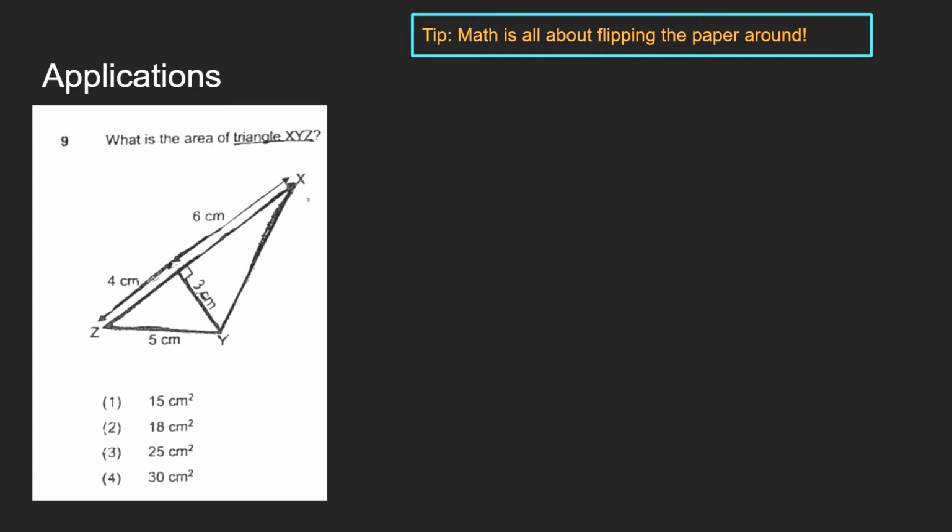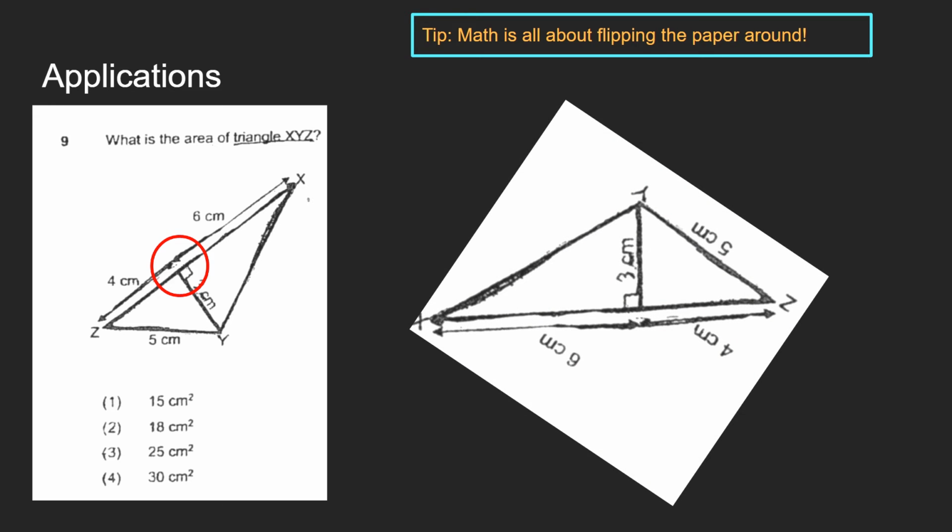So here are some applications. Immediately we see this area of a triangle question, and they ask for the area, but we don't really see any perpendicular heights when we look straight into it like that. Again, the tip is that math is all about flipping the paper around. So we flip it and we see that there's a perpendicular sign there that's 90 degrees, and this is what we need.